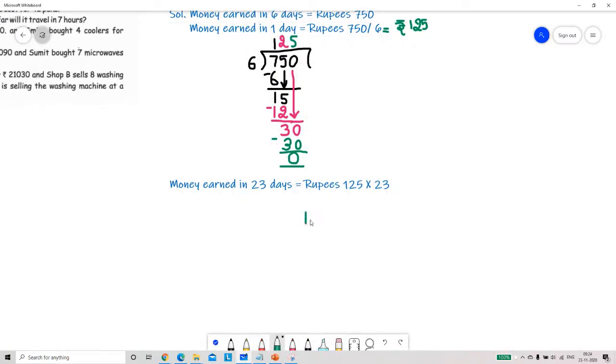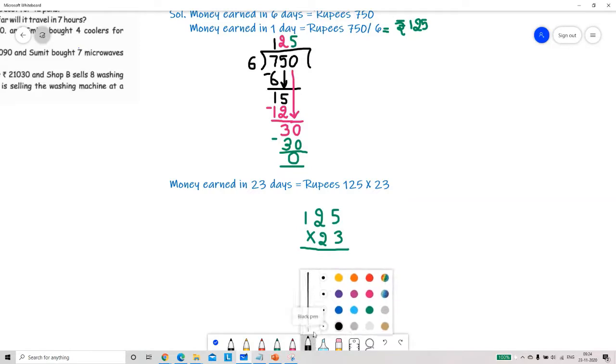Let us write quickly 125 multiplied by 23. 3 multiplied by 5 will give us, very good, 15. So I'm writing here 5 and 1 will be the carryover. Now 3 multiplied by 2 will give us 6, added to 1 is 7. So we are writing here 7. Now 3 multiplied by 1 will give you 3, and since there is no carryover, we will write here 3.